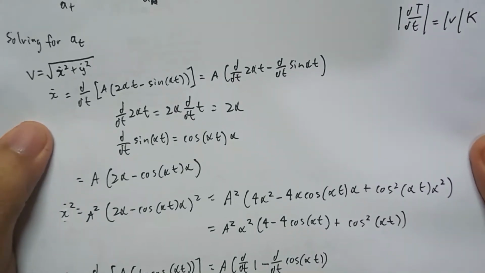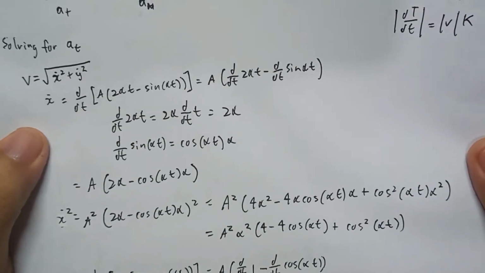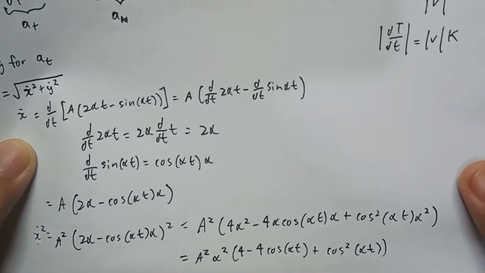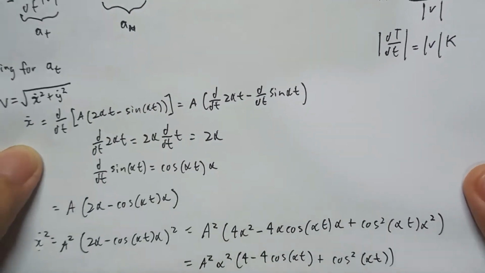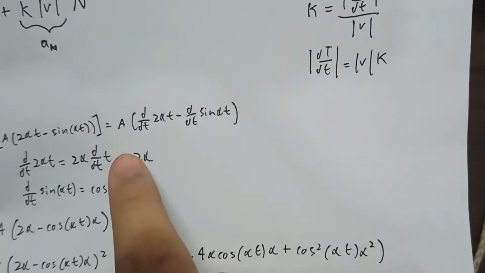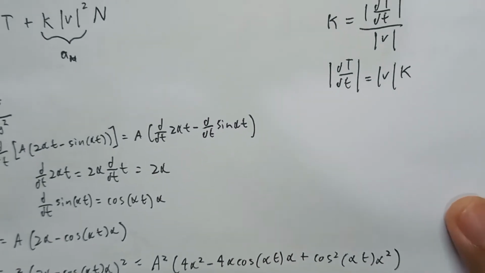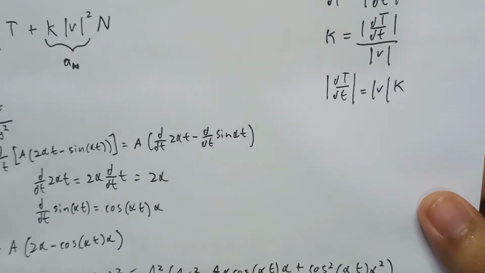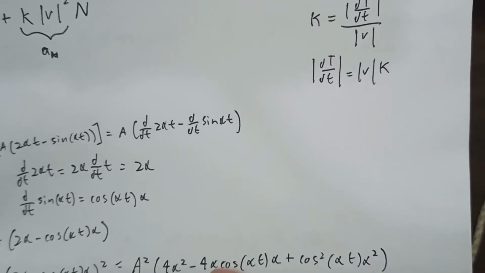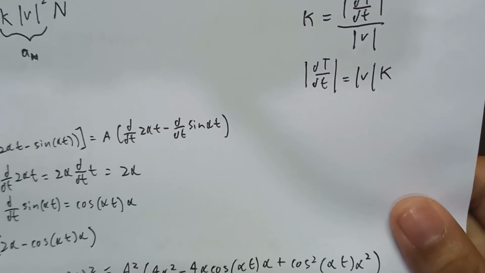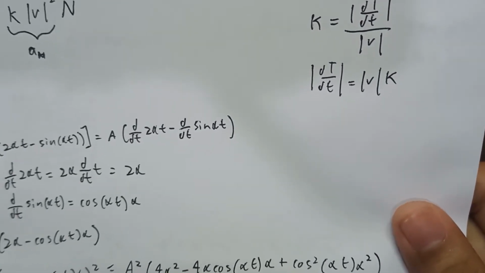The first derivative of x is equal to d over dt of the given, a times 2 alpha t minus sine alpha t, which is equal to, we take out the constant A and multiply it to the derivative of 2 alpha t minus the derivative of sine alpha t.